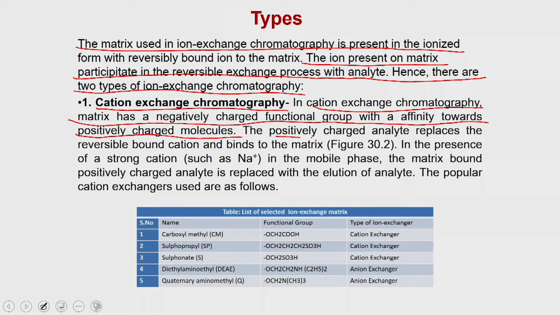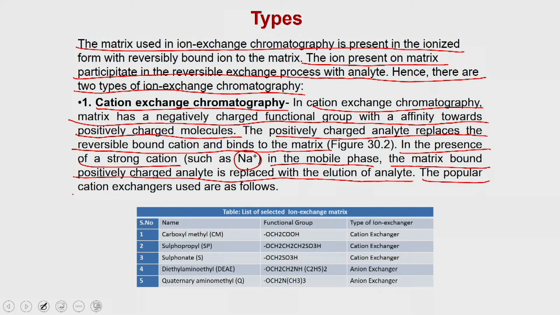The positively charged analyte replaces the reversibly bound cation and binds to the matrix. In the presence of a strong cation such as sodium in the mobile phase, the matrix-bound positively charged analyte is replaced, resulting in elution of the analyte.